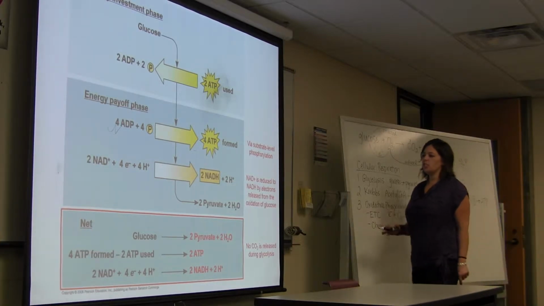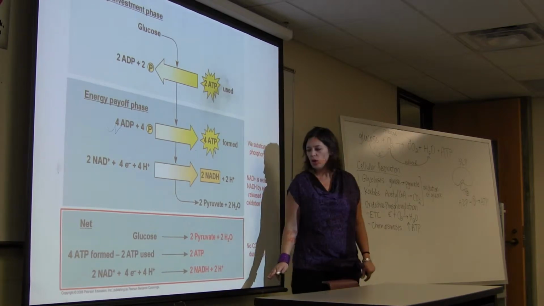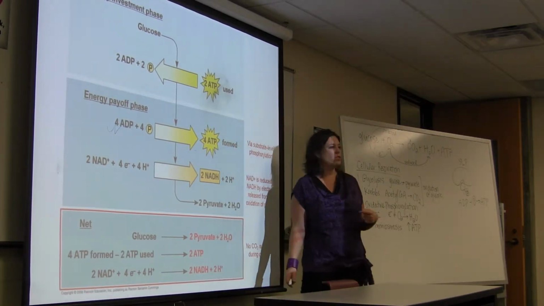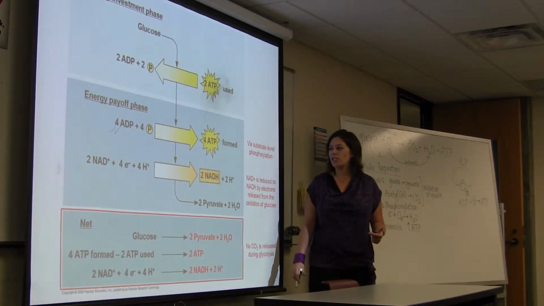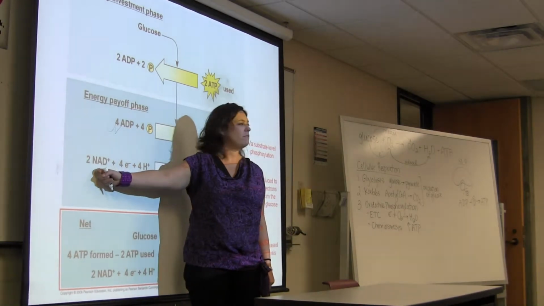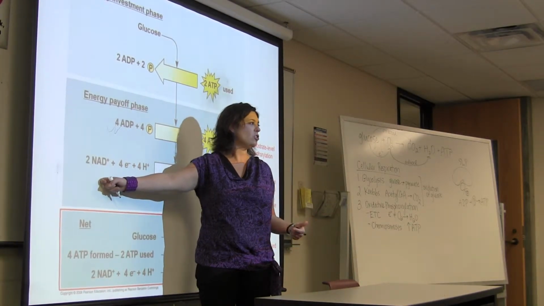And so in addition to making 2 pyruvate and 2 ATP, we're also going to make 2 NADHs. And remember, those NADHs, that's the electron carriers. So what starts off as NAD positive, this represents the carrier when there's no electrons attached to it.